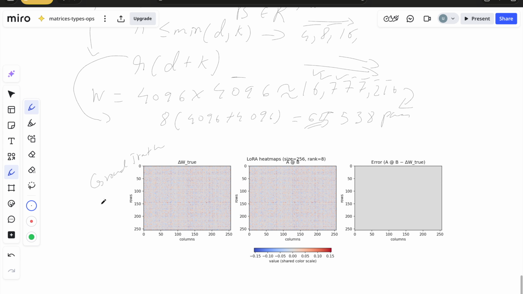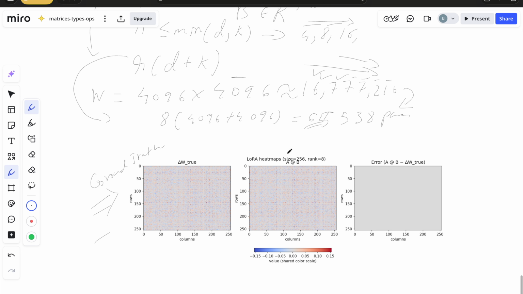What do I mean by ground truth? Let's say I look at a picture of a cat and say it is a cat, but the machine says no, it's a dog. What I have said by looking at the picture is the ground truth, the gold label. This is the ground truth of the matrix, and this is the target matrix that we want to approximate.